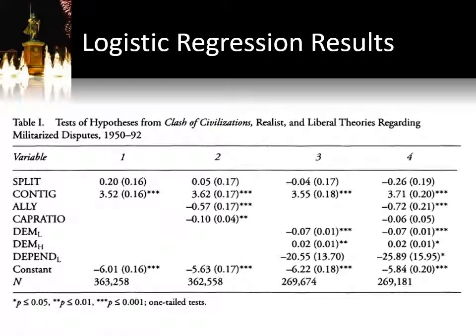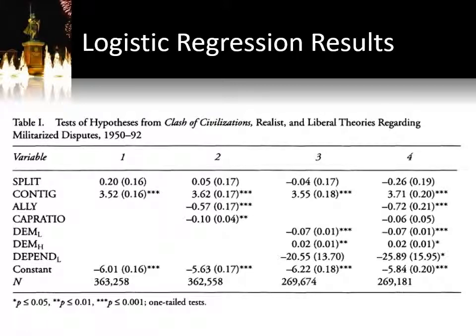For split, we have 0.20. That's the coefficient. It's really hard to interpret a logistic coefficient in and of itself, but we do see the sign. It's positive. This variable is 1 if there's a split, if there are two different civilizations. So there is a positive relationship there. It's in the predicted direction of the theory.